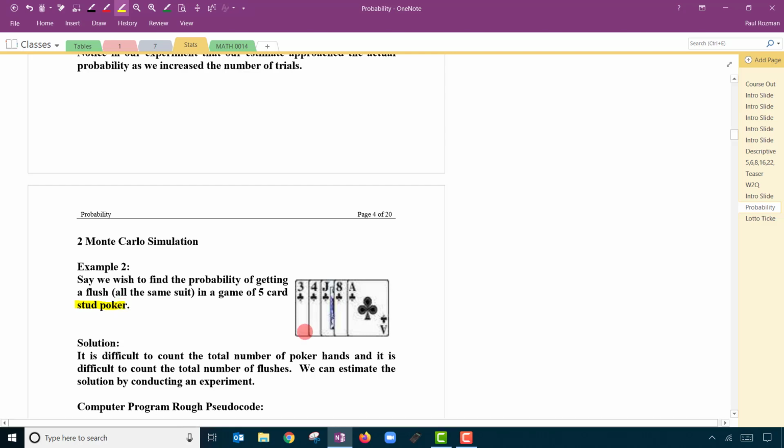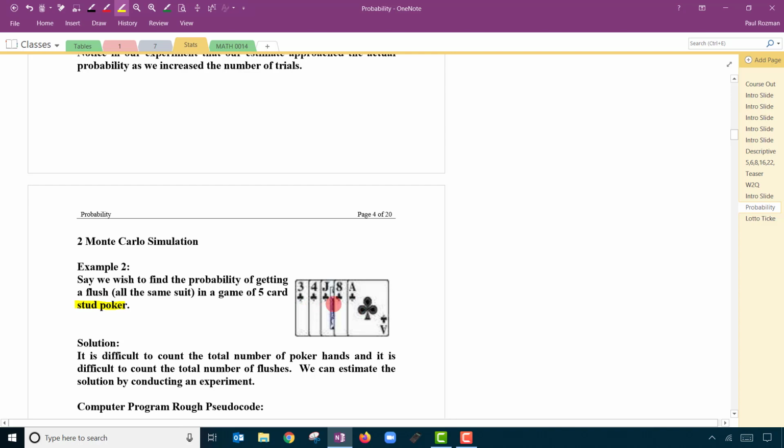I'm curious in finding the probability of getting a flush. And a flush means that all of your cards are the same suit. So all diamonds, or all hearts, or all clubs, or all spades. Here's an example of one that's made out of 5 clubs. So if I just deal myself 5 cards out of a deck, what are the chances that they'll all be clubs or hearts or diamonds?